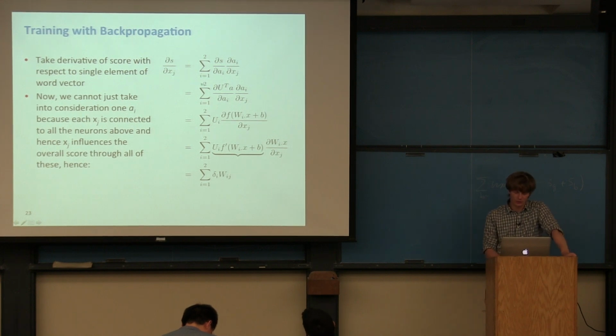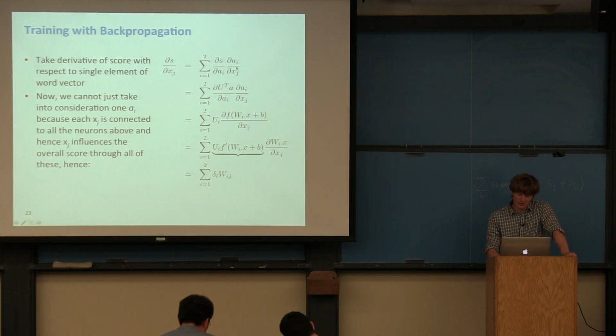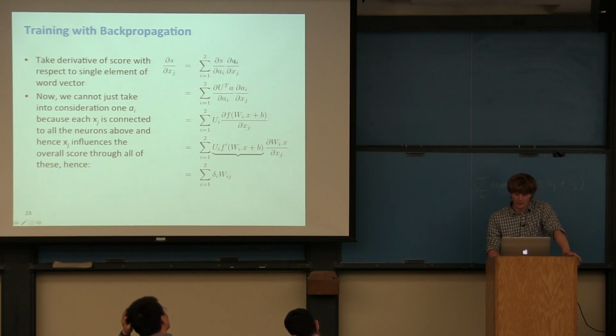Now let's go through this again, and this is one of the last ones where we really write down all the details, so you do want to make sure you follow this equation. Here we have the sum over the two hidden units: derivative of s with respect to a1 times derivative of a1 with respect to xj, plus a2.